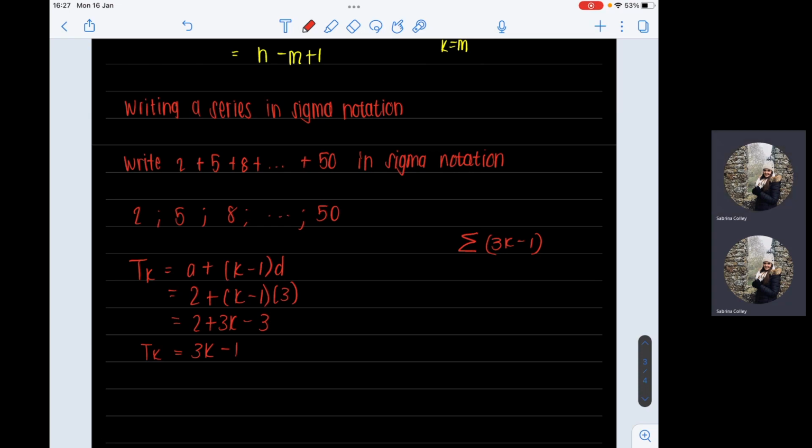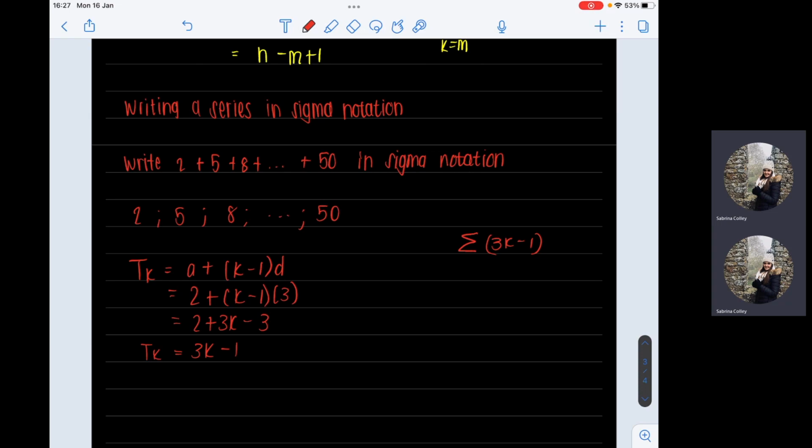Then I ask myself, to find the number of terms, I need to find how many terms have been calculated. 50 is the last term in the sequence.